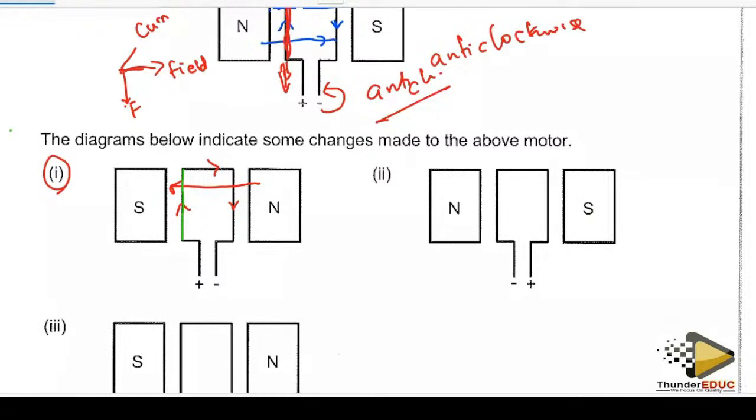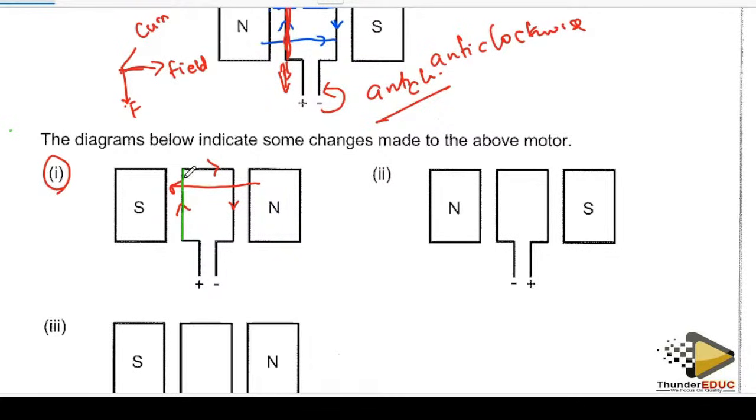From our Fleming's left-hand rule again, when I try to twist this, I'm looking at this green line. Green line, green line.